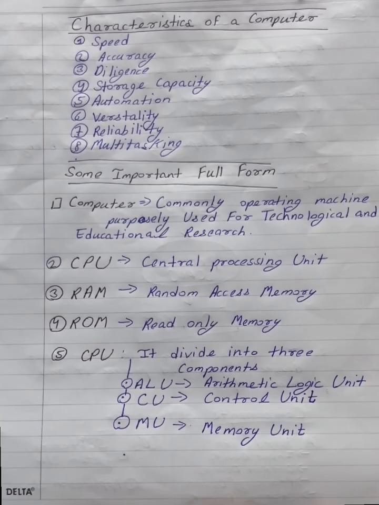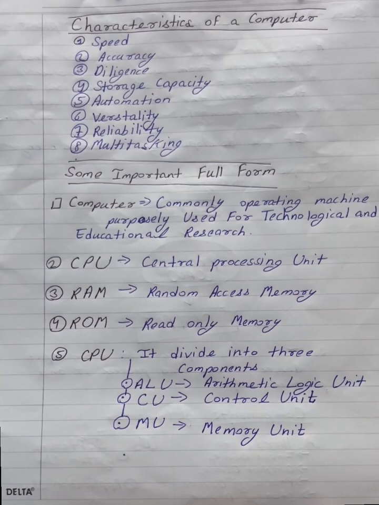And if we talk about versatility, a computer can perform different types of tasks. For instance, the same computer can be used for studying, programming, designing, gaming, etc. And if we talk about reliability, a computer provides consistent results every time, which means there will be fewer errors. And last is multitasking.